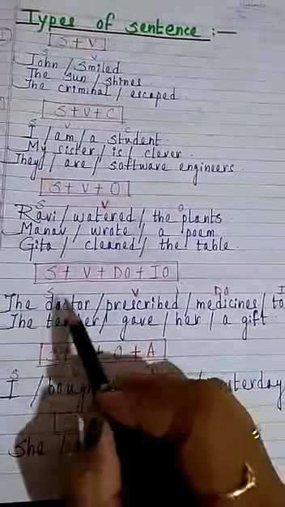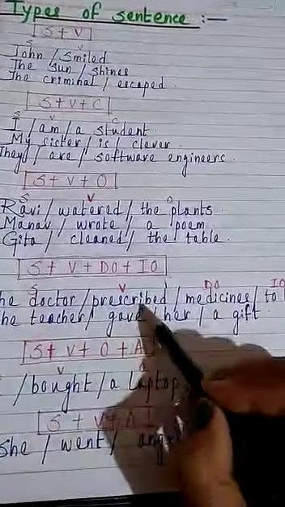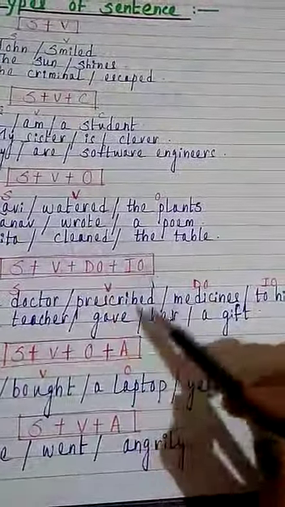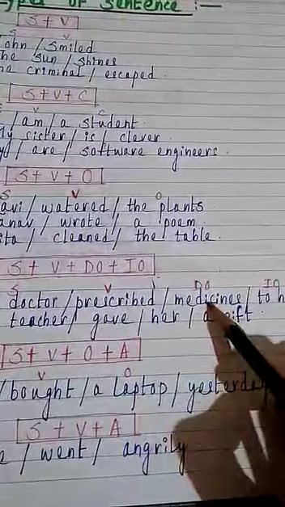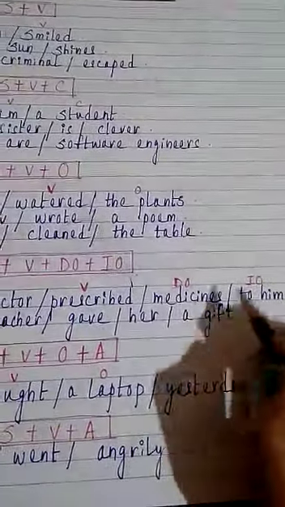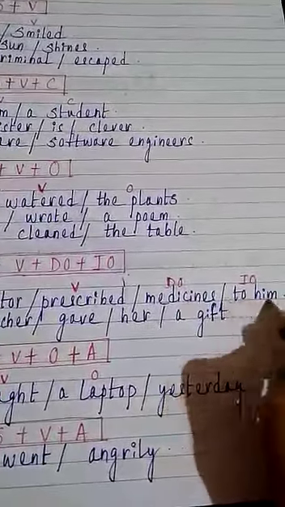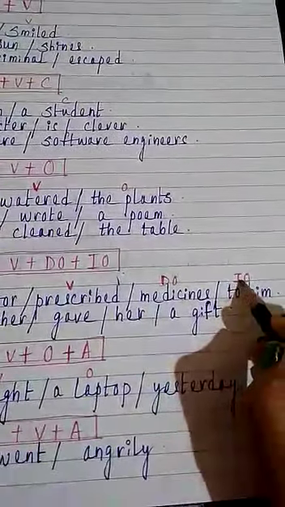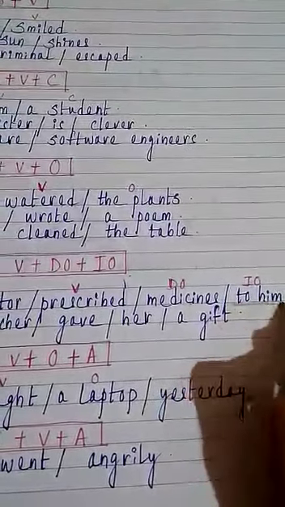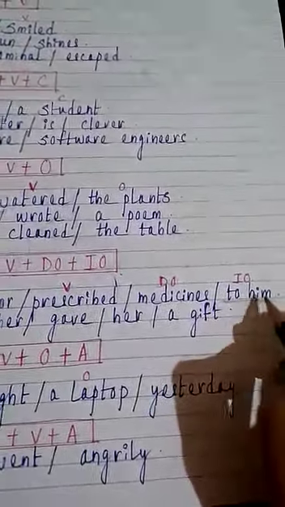So the doctor is the subject, prescribed is the verb, medicine is the direct object. डॉक्टर ने क्या प्रिस्क्राइब किया? मेडिसिन. किसको किया? To whom? तो to whom is the part which indicates the indirect object. ये क्या है? Indirect object है. To whom is the indirect object.